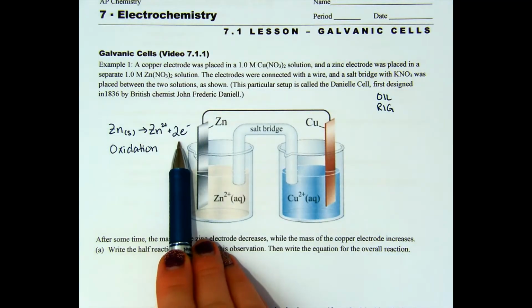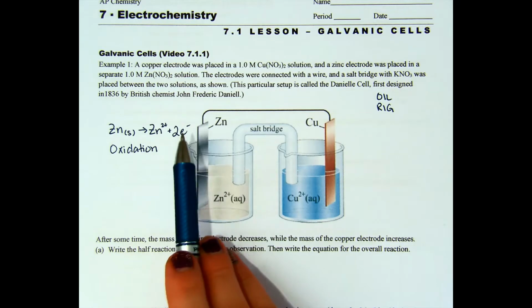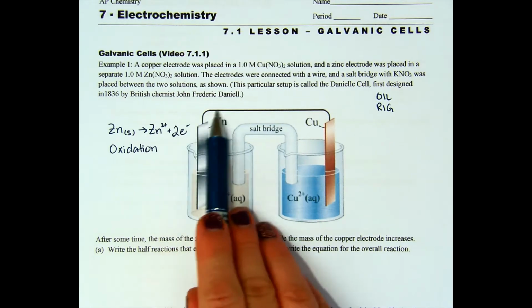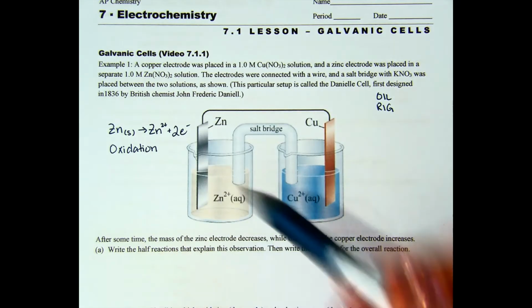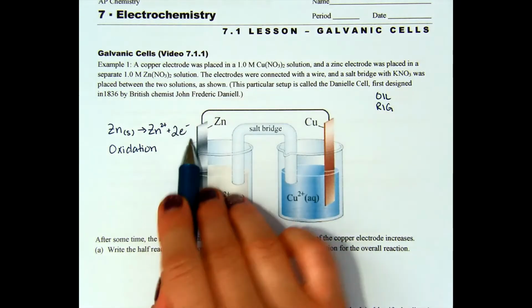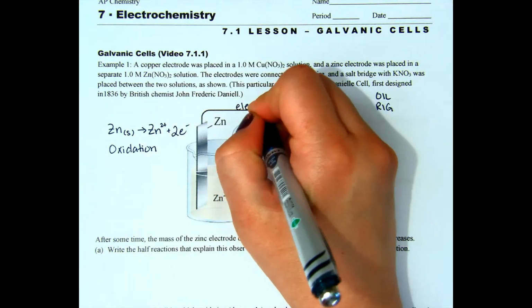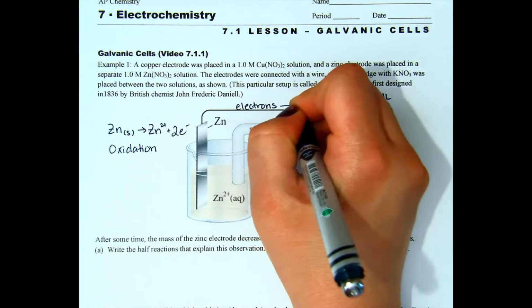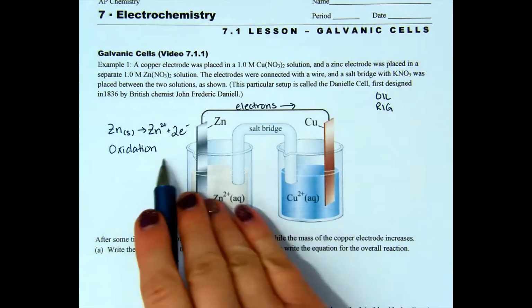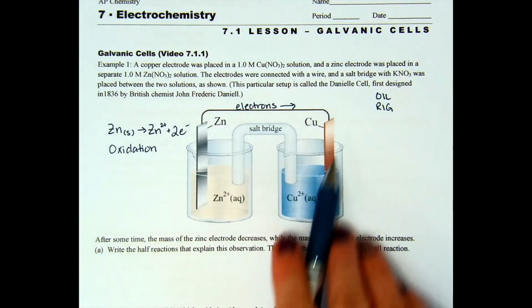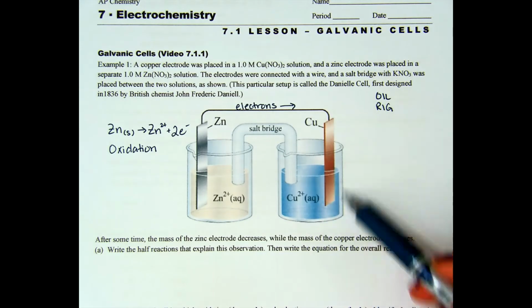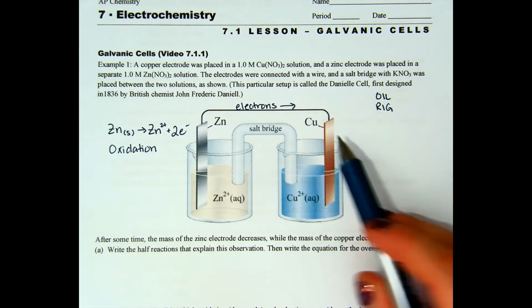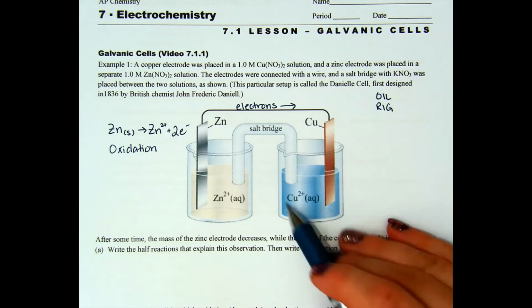Now, where do these electrons go? So the key is that these electrons now are going to move through this wire over here. So our electrons are going to be produced on the zinc side, and they're going to be moved along the wire, right, from left to right. Now what's going to happen at the copper side? Well, those electrons are going to enter into this solution, and they are going to react with these copper ions.